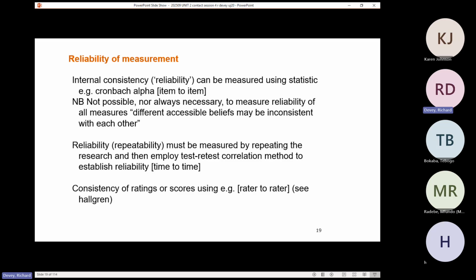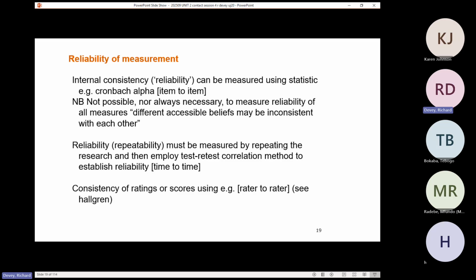So that's repeatability. And then there's also reliability of rating. So when you get judges to rate something, we want to see whether the judges' ratings are consistent or accurate, and that's rater-to-rater reliability. So those are the three main forms of reliability that we can measure in research.